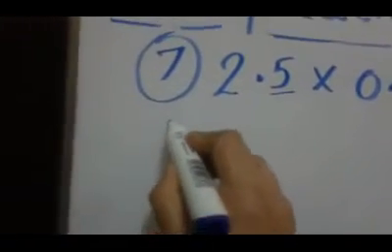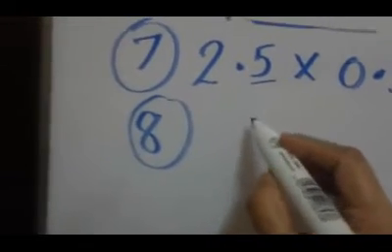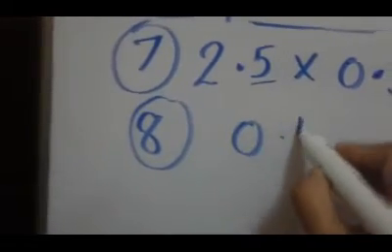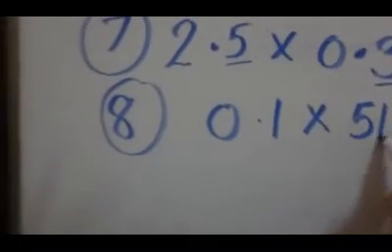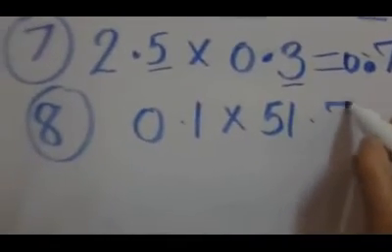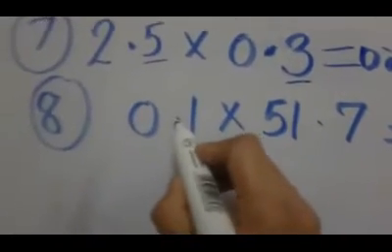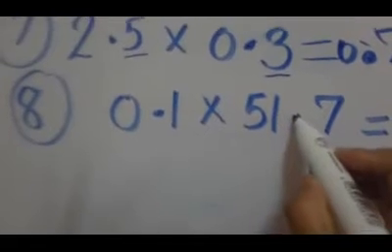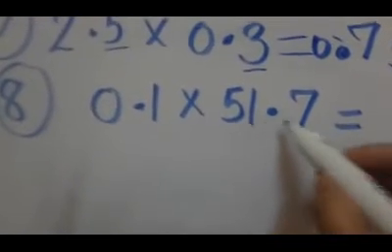Let's go to another example. If I want to multiply 0.1 into 51.7, here you first want to ignore the decimal point and take the number 1 and 517.